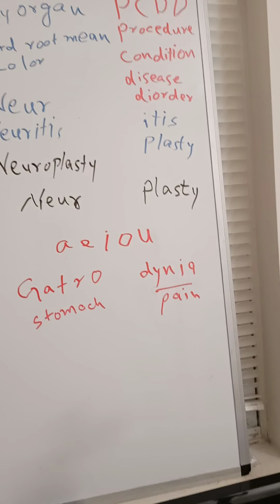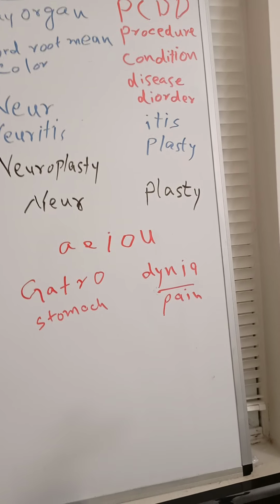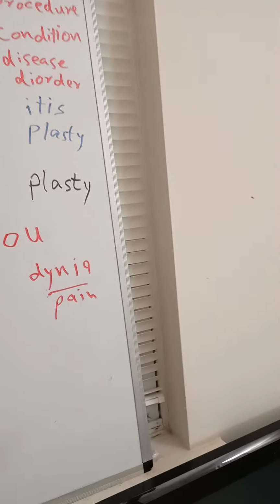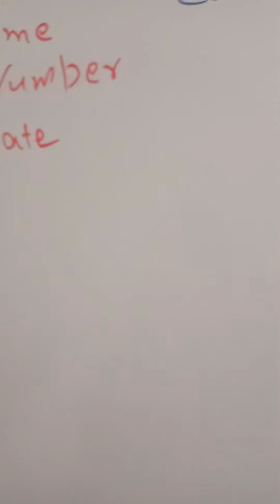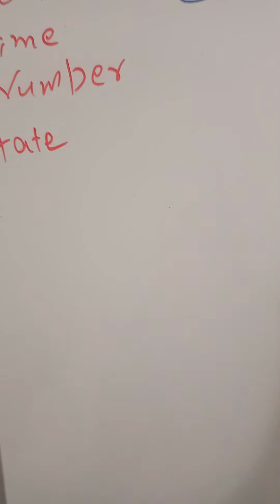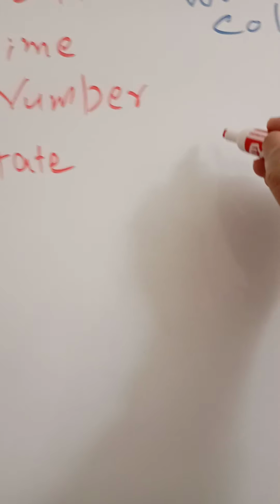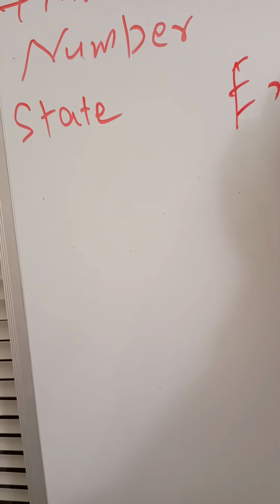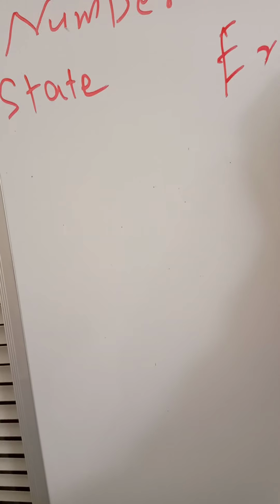There are certain word roots which give us information about color. Number one is erythr. Erythro, red.